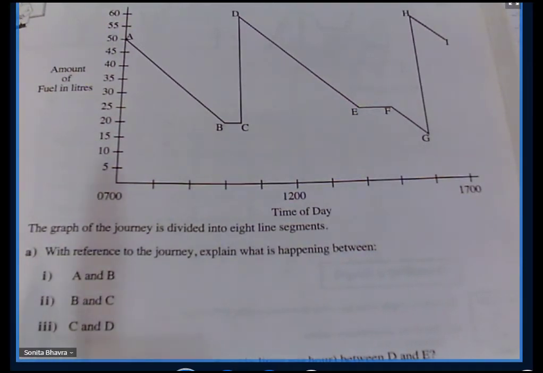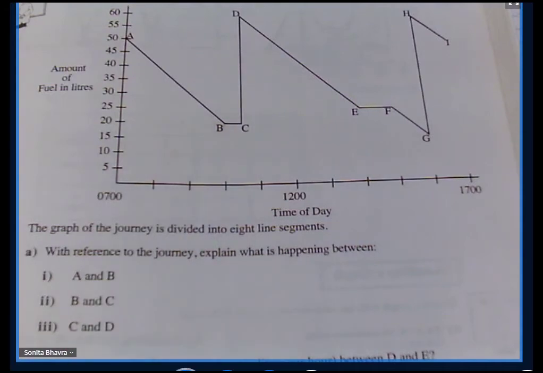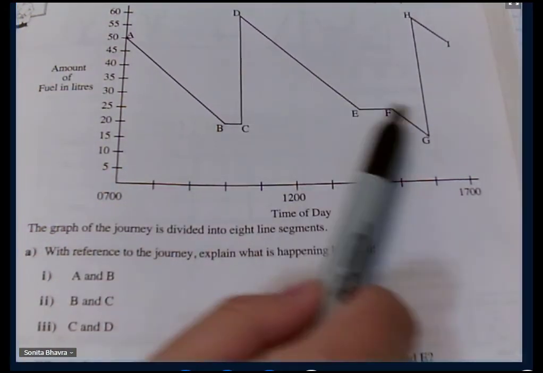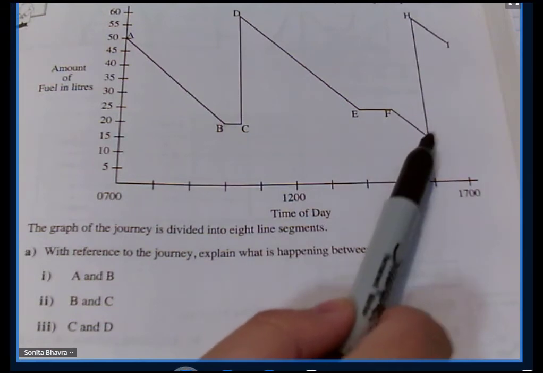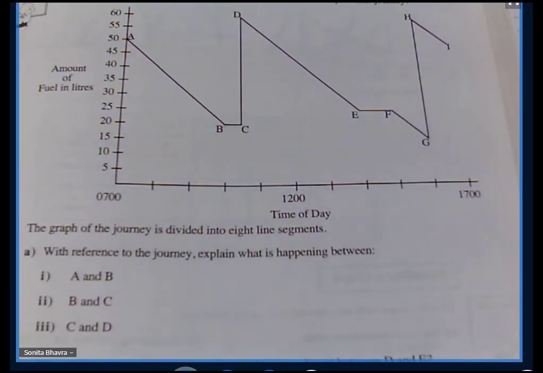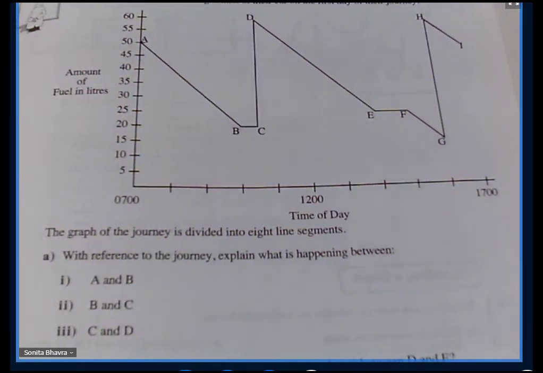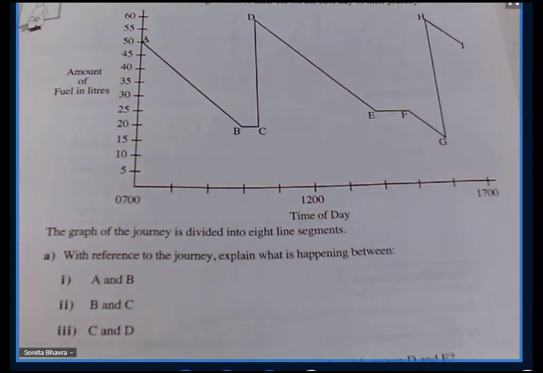So we're going to calculate from A to B, that's when it was being driven, and then D to E, F to G, and then H to I. All right, so all we're going to use to figure out our cost is fuel used.